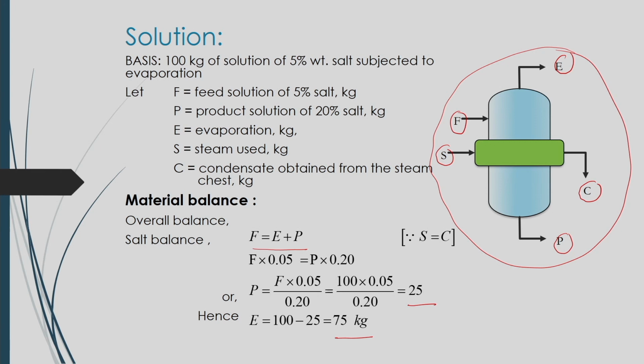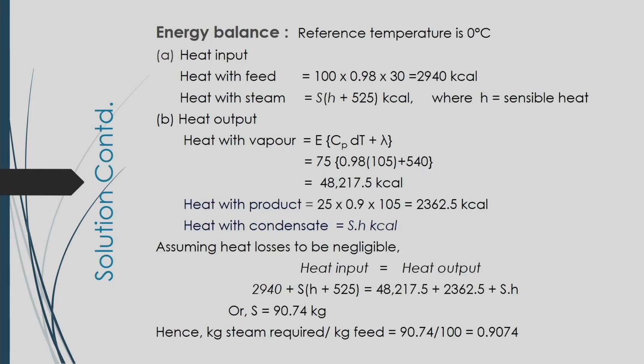In the feed stream the salt amount is 5%, whereas in the product stream the salt amount is 20%. According to that salt balance, we can simply calculate the product that will be coming out from the evaporation. That amount is equal to 25 kg, and hence if you substitute this product value in the overall balance, you can get the evaporation amount E, and that is 75 kg according to this calculation.